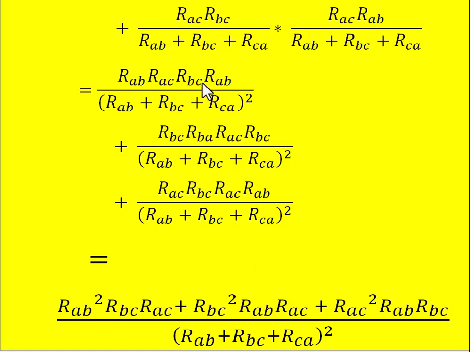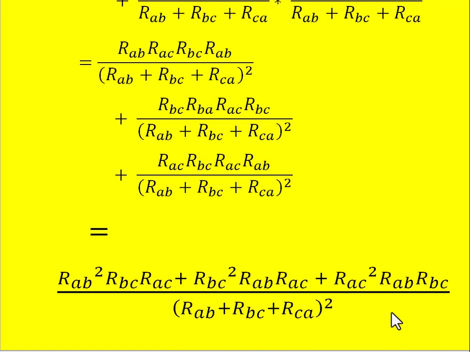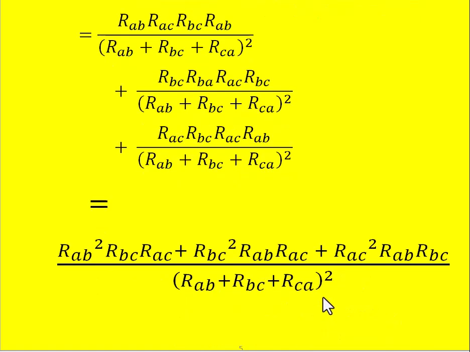So after further simplification, we get like this. So here RAB becomes RAB square into RBC RAC. Similarly, the next term here we will get RBC square into RAB into RAC, plus the next term, here RAC is coming double time, so RAC square into RAB RBC, divided by (RAB plus RBC plus RCA) whole square.